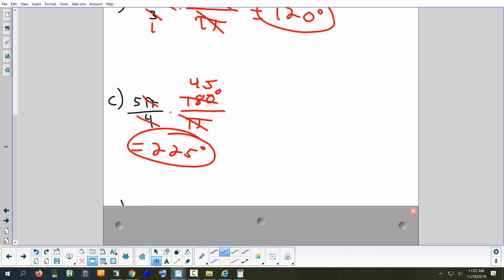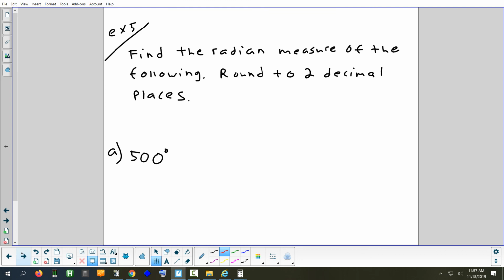Okay, so we'll finish up with one that's rounding. With rounding, the only thing that's different is you need a calculator. So how would I convert that to radians? Times pi over 180. Now, the pi is important. Don't use 3.14 when you type it in.